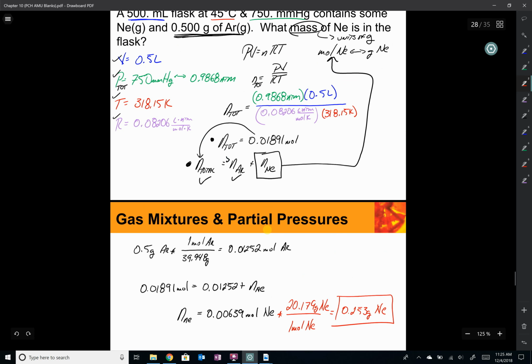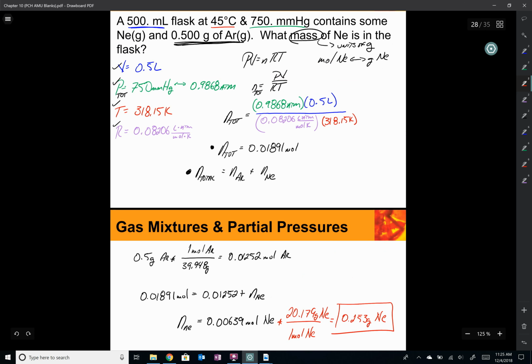I'm going to erase some of this stuff to clear it up so you guys can hopefully see what our progression was here. The thing to pay attention to is that this information is given to us for total pressure, for the mixture together. So we have to separate out the individual components.